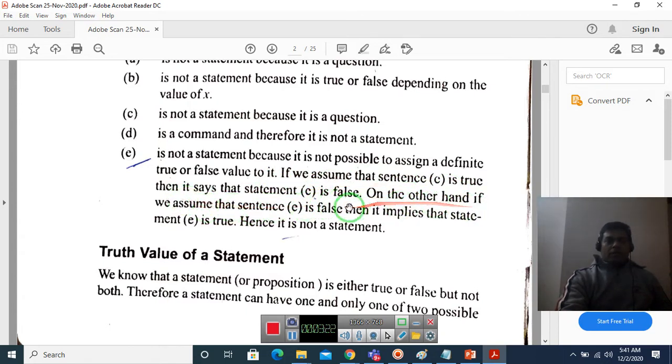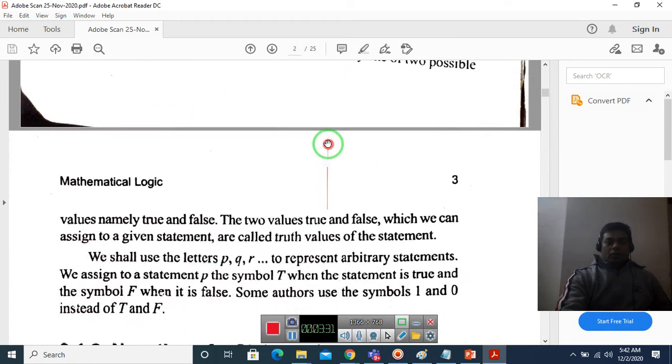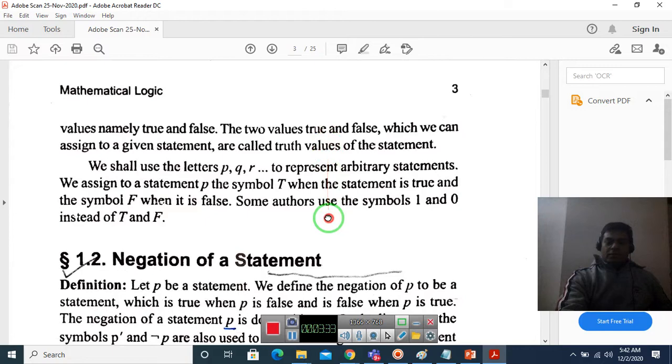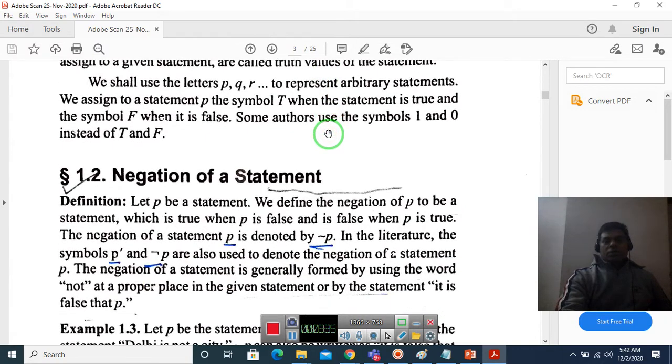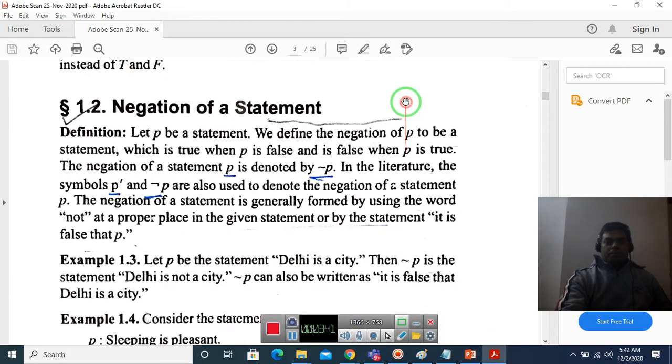On the other hand, if we assume that the sentence is false, that implies that the sentence is true, hence it is not a statement. Each and every statement has some values. These values are called truth values, denoted by capital T and capital F, not by 0 and 1.